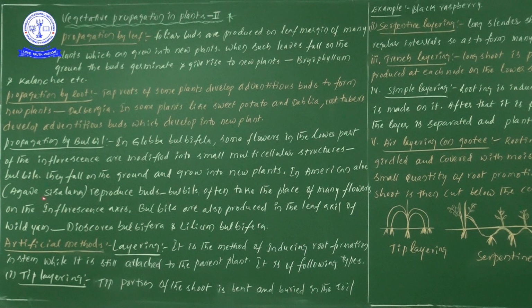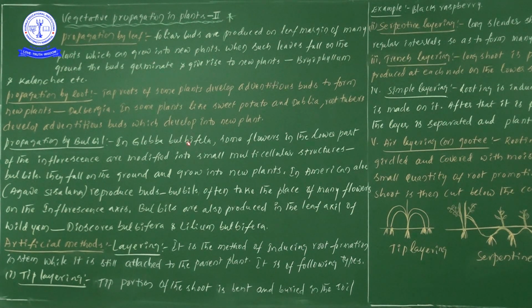In some other books they have given Agave sisalana, or simply you can remember Agave. In Globba bulbifera, floral parts which are present in the inflorescence develop into bulbils. Likewise in Dioscorea bulbifera and in Lilium, axillary buds develop into bulbils.